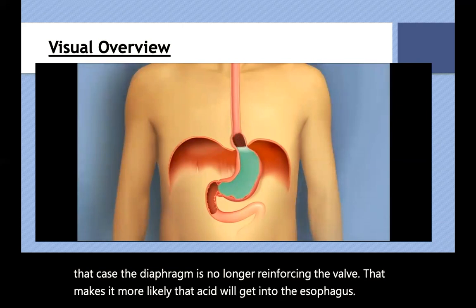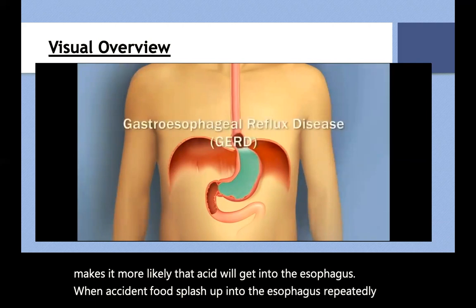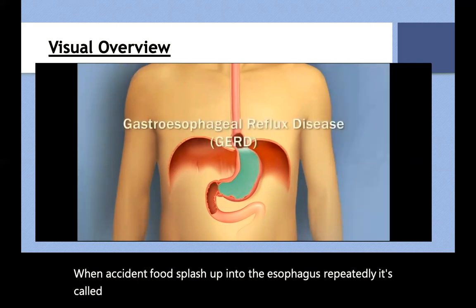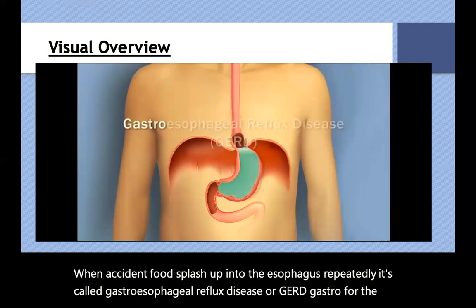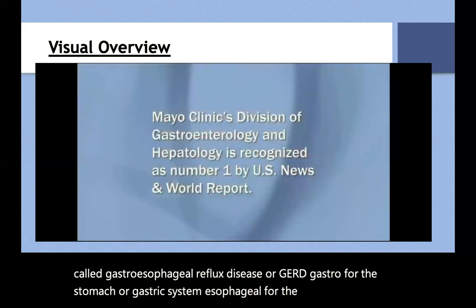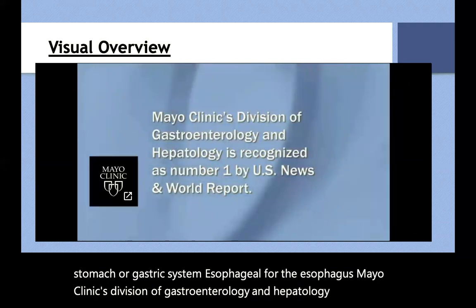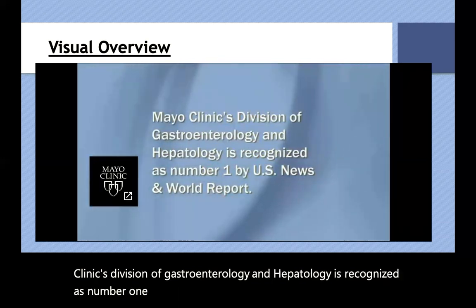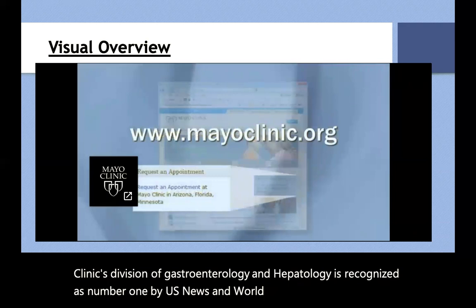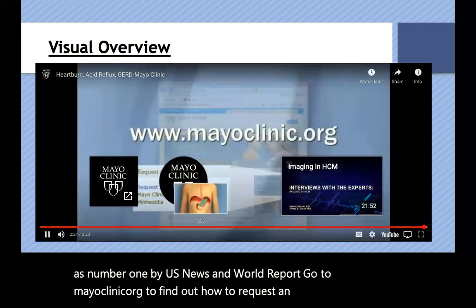When acid and food splash up into the esophagus repeatedly, it's called gastroesophageal reflux disease, or GERD. Gastro for the stomach, or gastric system. Esophageal for the esophagus. Mayo Clinic's Division of Gastroenterology and Hepatology is recognized as number one by U.S. News and World Report. Go to mayoclinic.org to find out how to request an appointment with a Mayo Clinic physician.